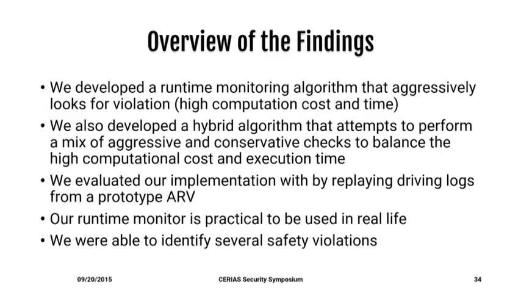So, an overview. I can't discuss a lot about this paper, so I'm going to go at a very high level. We developed a runtime monitoring algorithm that aggressively looks for violations. In the runtime verification literature, take a policy that talks about the future, say I do something right now, which means you have to do something 250 milliseconds later.